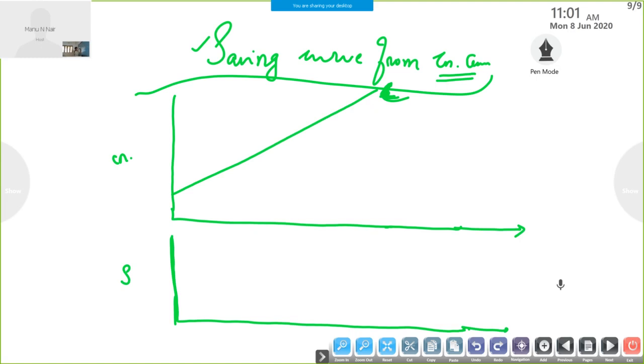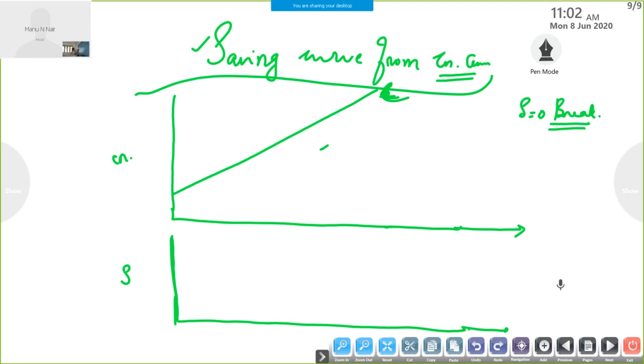One is positive, next one negative, and the third situation is s is equal to 0, that is the break even point. So if we find the break even point from the consumption panel, definitely we can derive the break even point for the saving curve also.